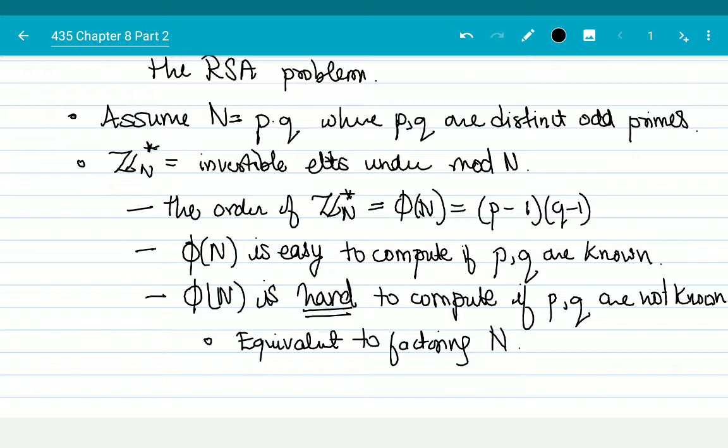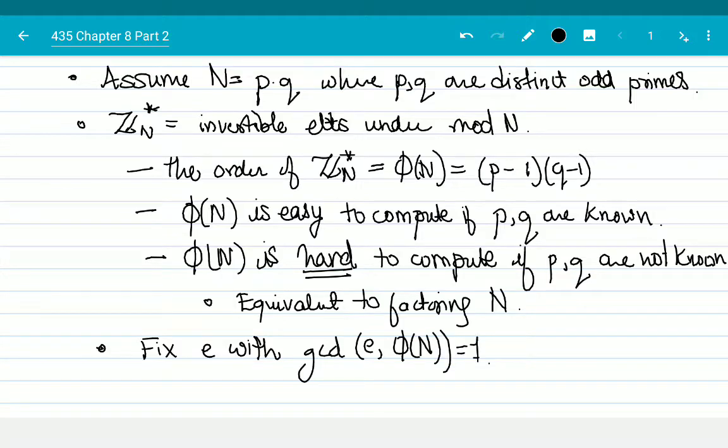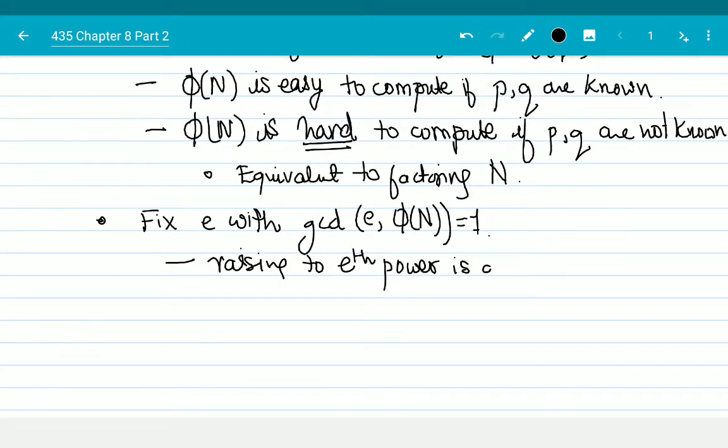So now fix e with GCD of e comma phi n equal to 1. Then, as we have seen before, raising to e power is a permutation of Zn star, right?